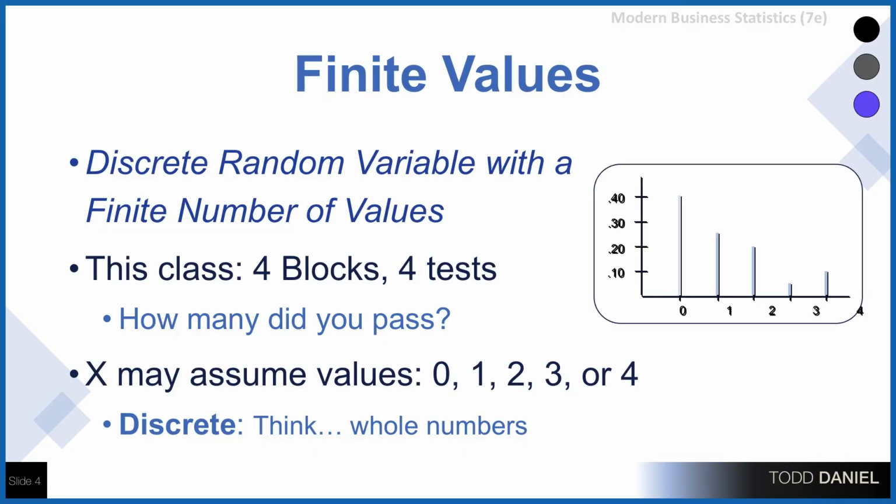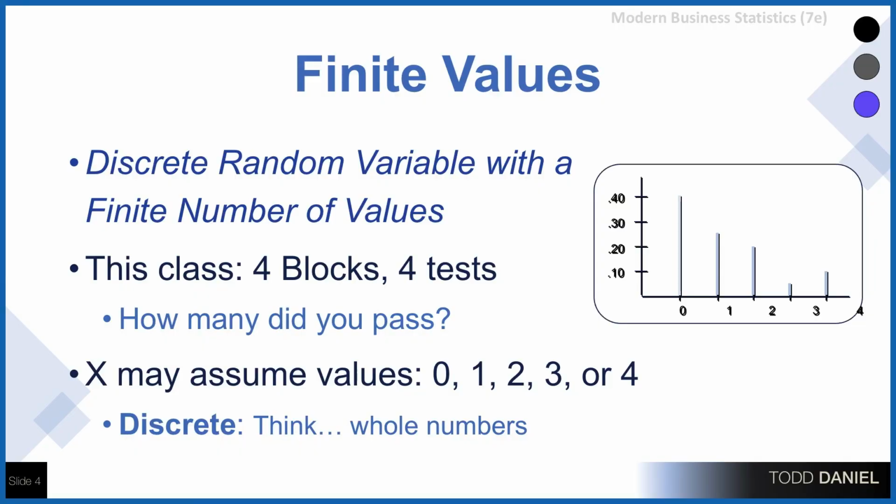And let's start with a discrete random variable with a finite number of values. Perfect example, this class. So we have 4 blocks in this class, and each block ends with a test. So if I ask, how many did you pass? The options are 0, 1, 2, 3, and 4. I could also ask, how many did you get an A on?